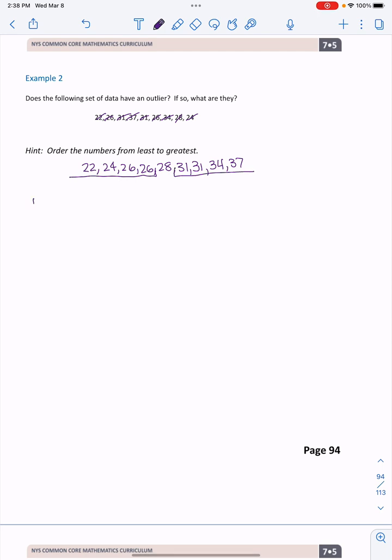Step number 1 is find my upper and lower quartiles. My lower quartile is the average of 24 and 26. My upper quartile is the average between 31 and 34.